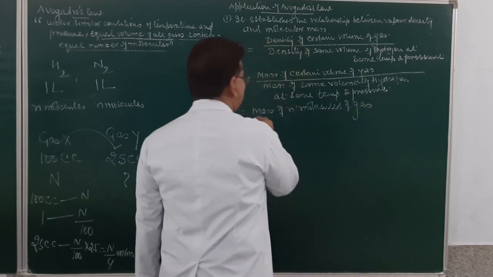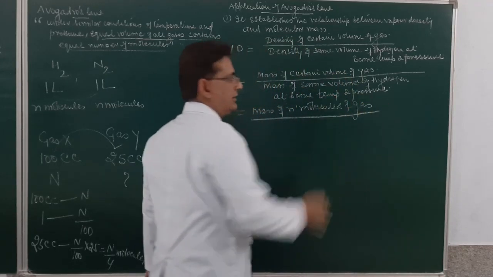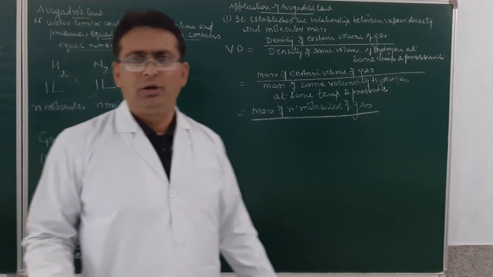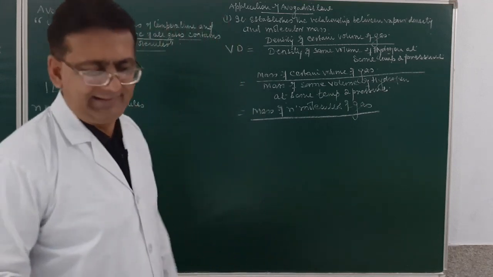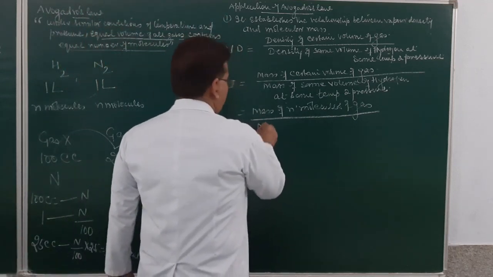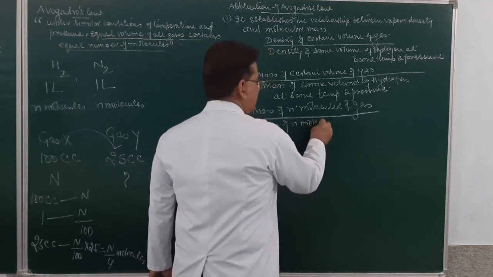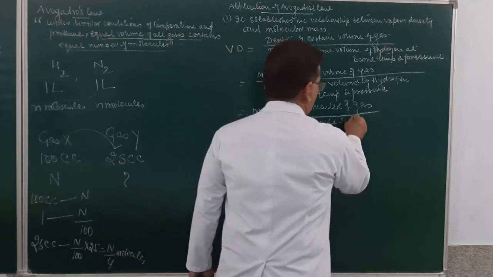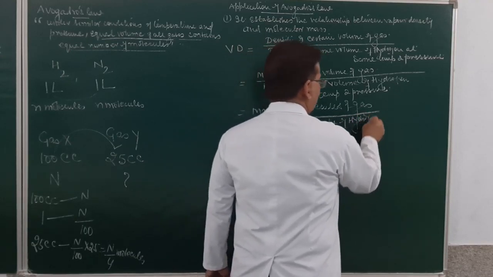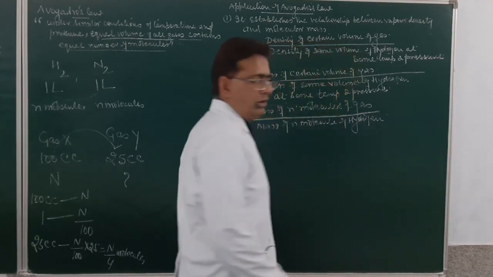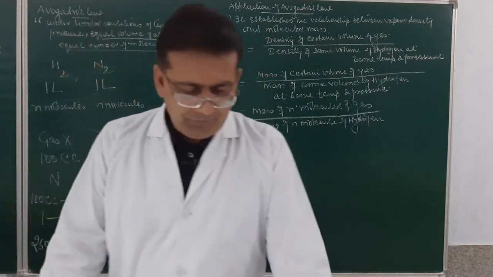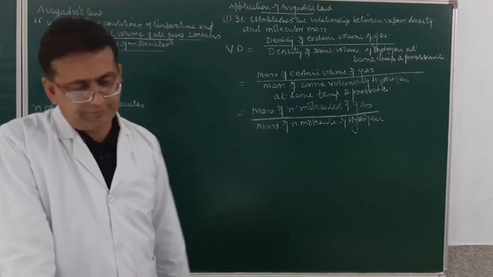Since the volumes are the same in this case, we will apply Avogadro's law. The number of molecules will also be the same, so it will become the mass of n molecules of hydrogen, of course at the same temperature and pressure.